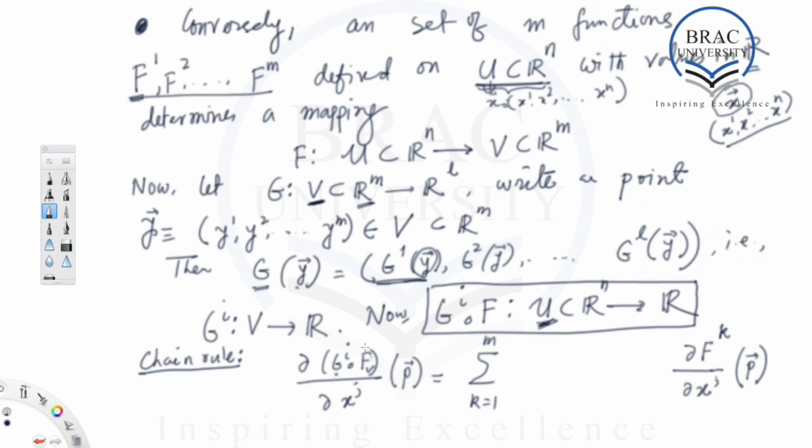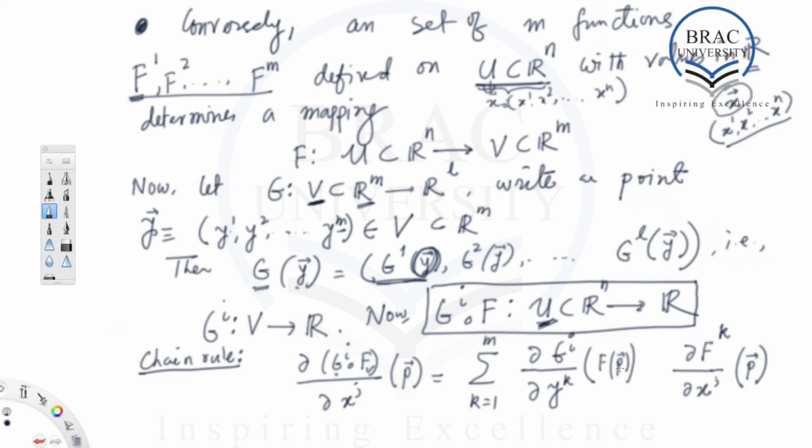you take the other function in this composition. You're going to derive this guy. So you see that each of these gi's, right, are functions of y's. So you want to derive these gi's with respect to yk, right, where k runs from 1 to m, okay, and this is going to be evaluated at fp, right?